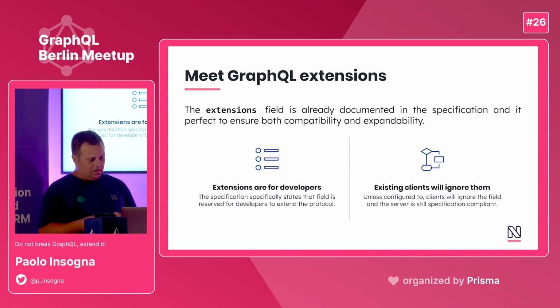But, you know, this extensions field is already in the GraphQL spec, explicitly created for developers, for us to play with as we want, without worrying about specifications, data, compatibility, anything we want. The very good stuff is that existing clients which are not expecting to receive the extensions just ignore them. So nothing bad will happen to old clients.